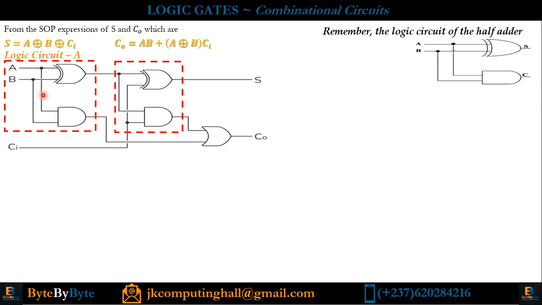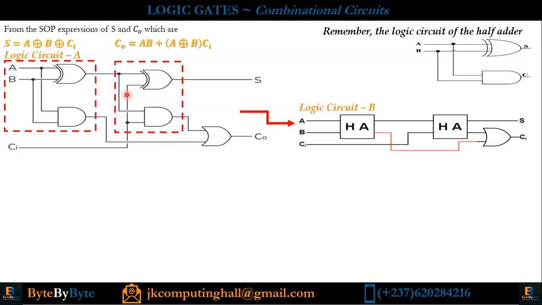So we can consider these two blocks as half adders, and that is why the logic circuit B of a full adder is represented as you can see. This first half adder takes A and B as input. This second half adder takes the sum of the first half adder and Ci, and our output S is what we have.